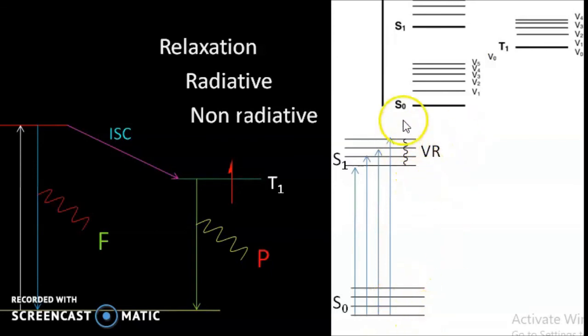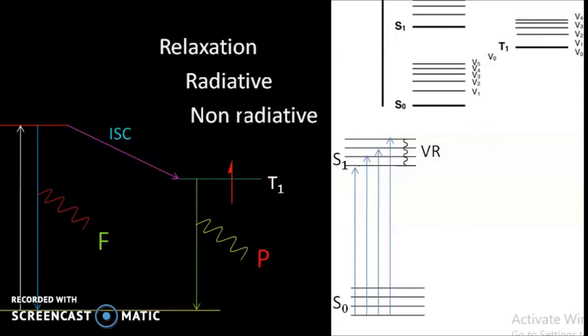Now this is a non-radiative energy relaxation mode. Once the electron has come down to the lowest energy level of the singlet excited state, it can undergo intersystem crossing, or it can come down as fluorescence with the emission of energy. We shall be discussing this in detail in the next video.